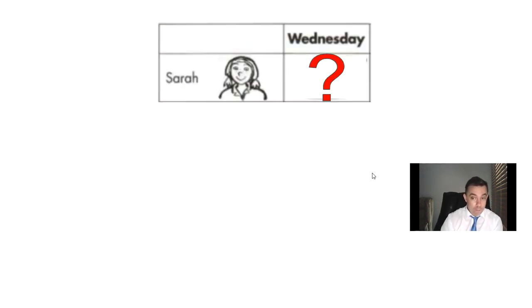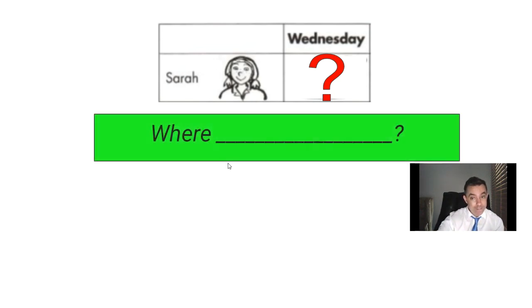All right, now we need to make a question. We need to make a question about this person and this day, and we want to get a place. So what word do we need for a place question? You guessed it. Where?